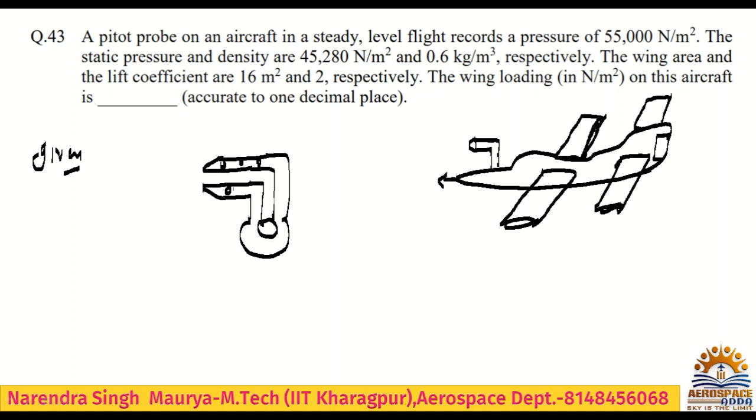A small hole will measure static pressure, and at this point we will have total pressure. In the probe, a small hole will be there, and in that small hole static pressure will be measured.